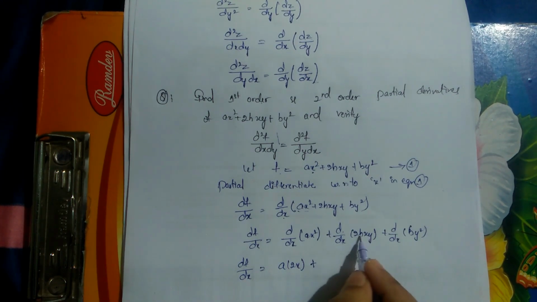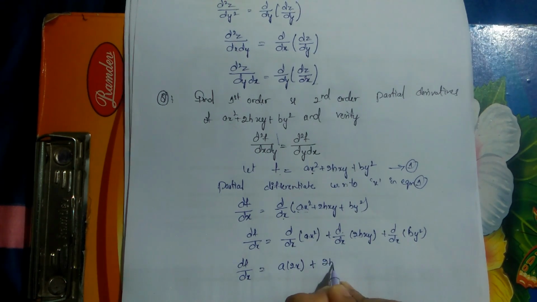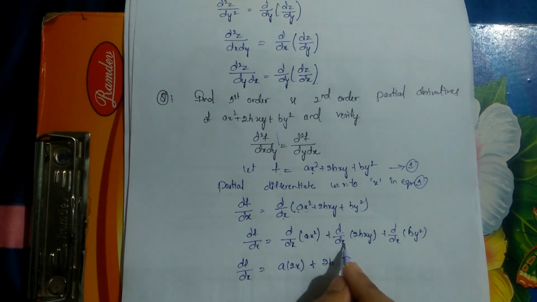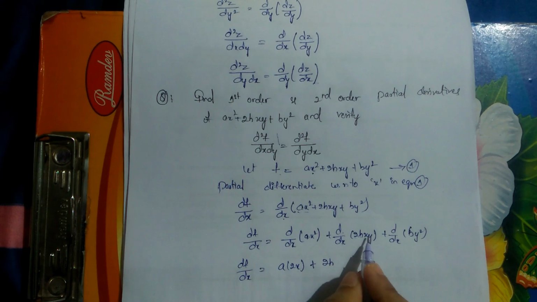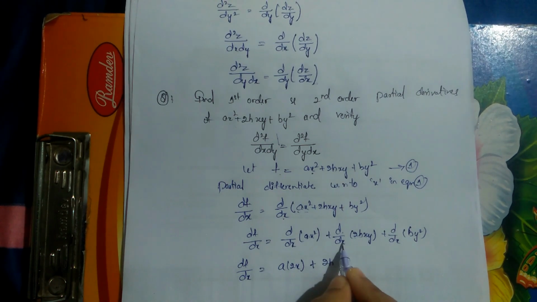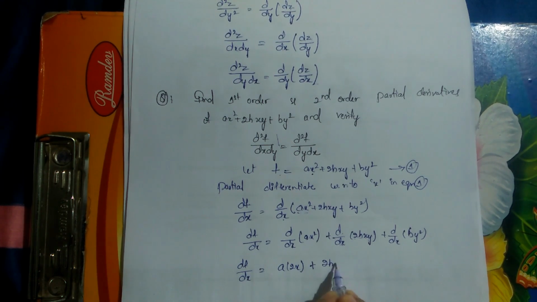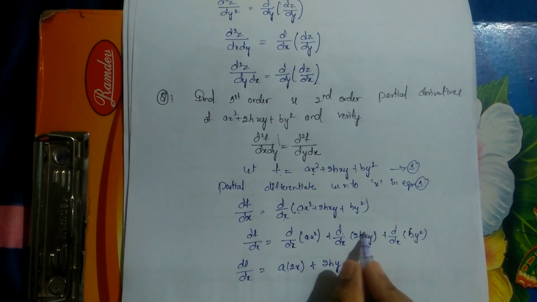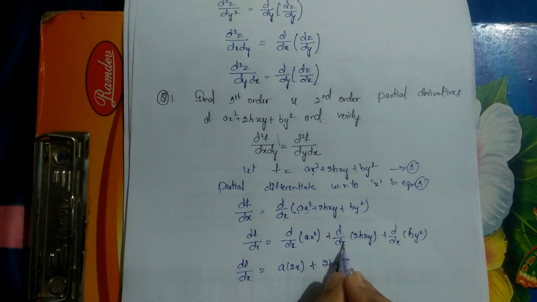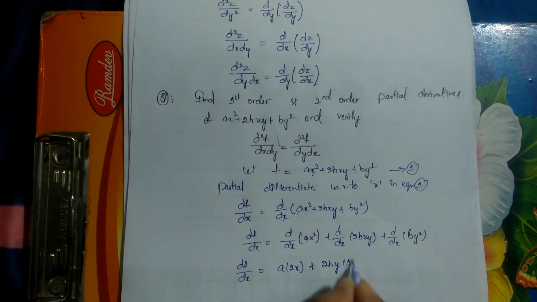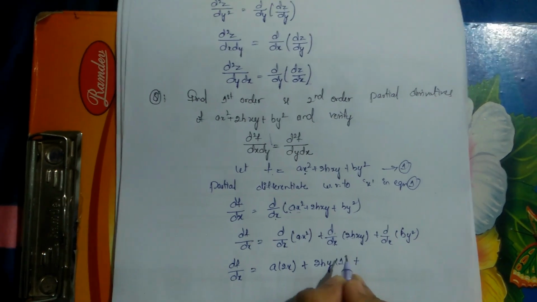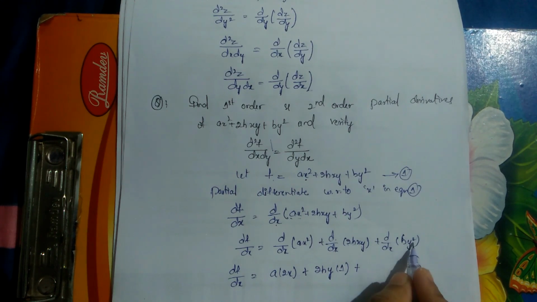So 2h is a constant, right? Constant as it is, and xy is differentiated with respect to x. When xy is differentiated with respect to x, as I told you, the other variable has to be constant. Here the other variable is y, so y is treated as constant. Write y as it is, and the derivative of x with respect to x becomes 1, plus dou by dou x of by square.